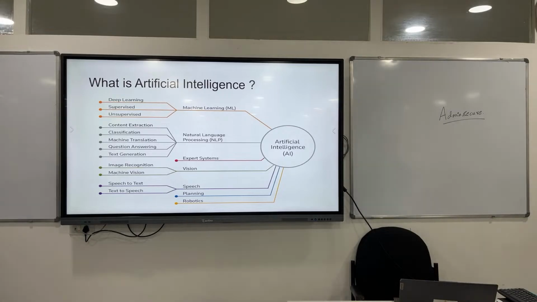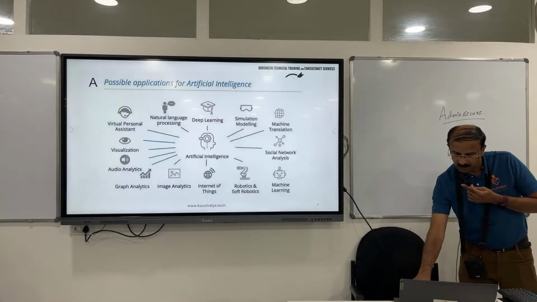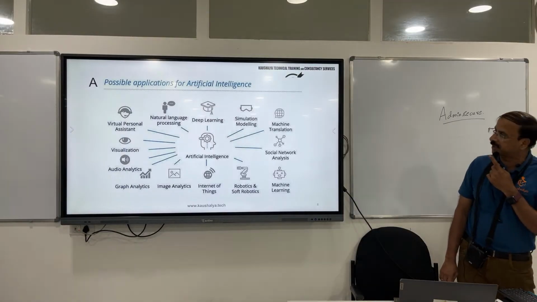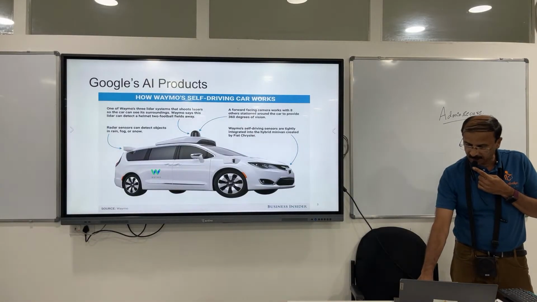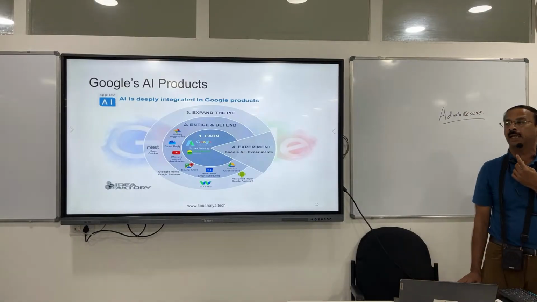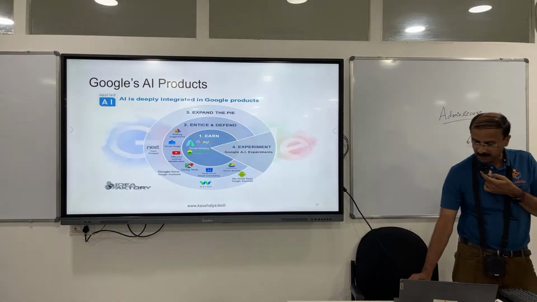So now with this, whatever you learned in two days' time, I think you should be able to get at least some understanding of whatever is there. And then you can use it in different applications of AI. You know, like self-driving cars, and all the Google products now are mostly AI enabled.